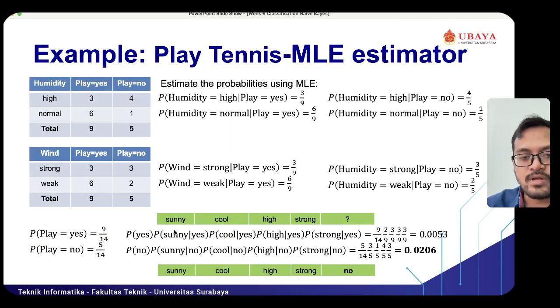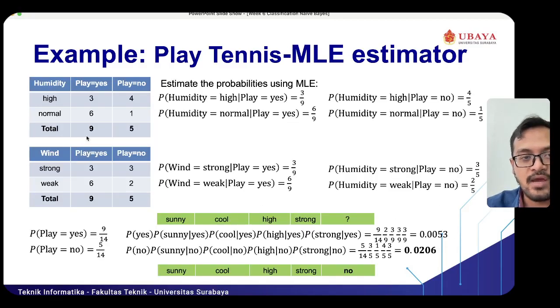Then for calculating this naive Bayes formula, we multiplied the probability that playing tennis equals yes.